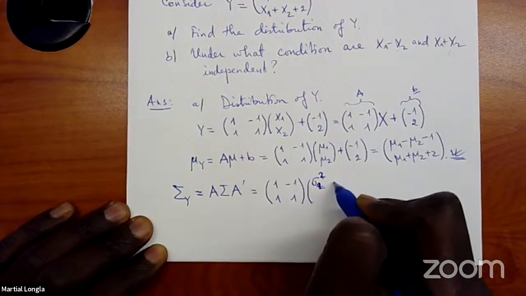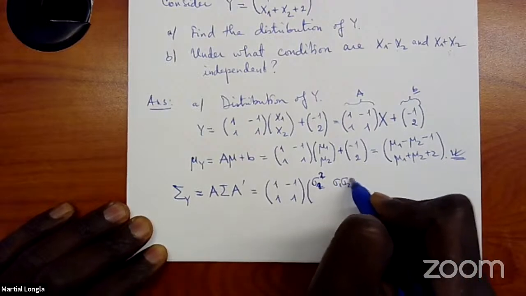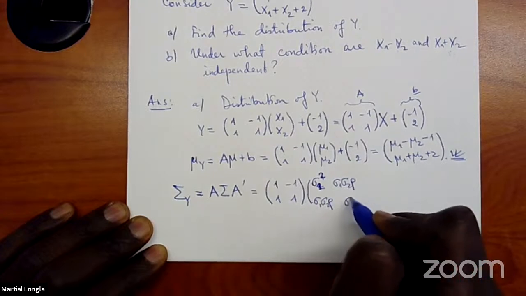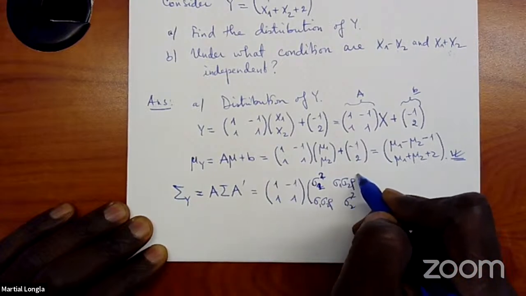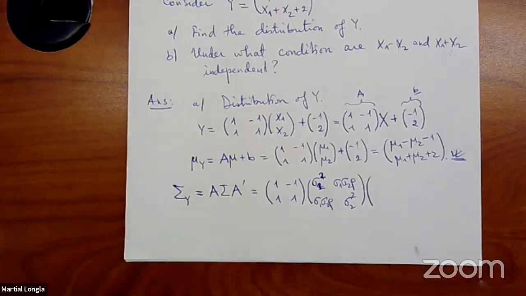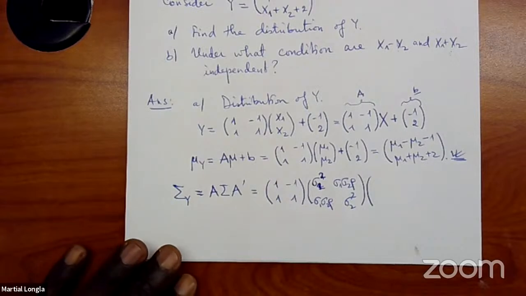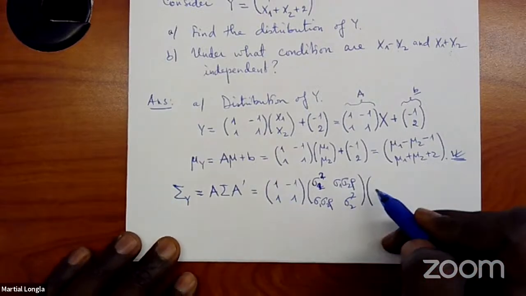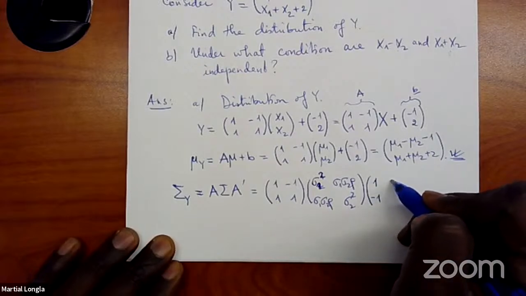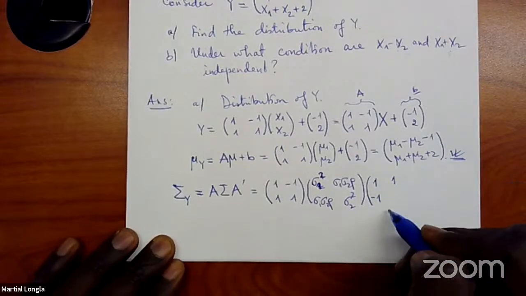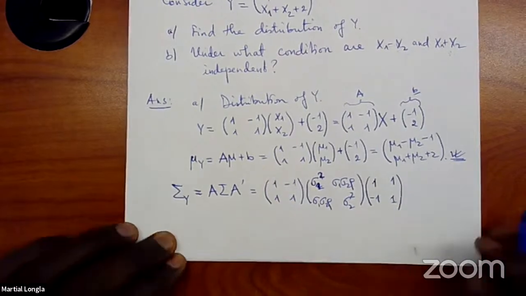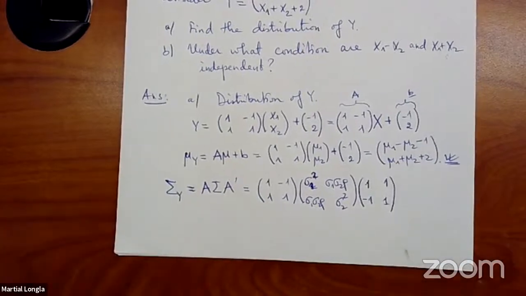And now you transpose this. It's going to be 1, 1, negative 1, 1. And all you have to do now is the algebra.